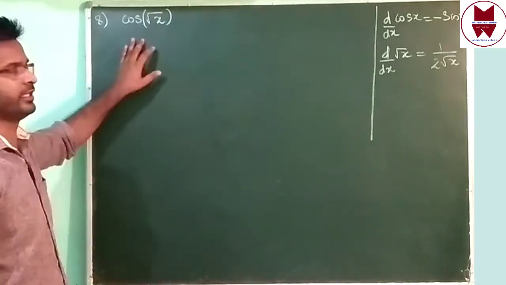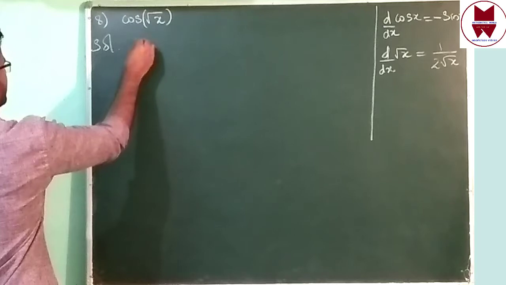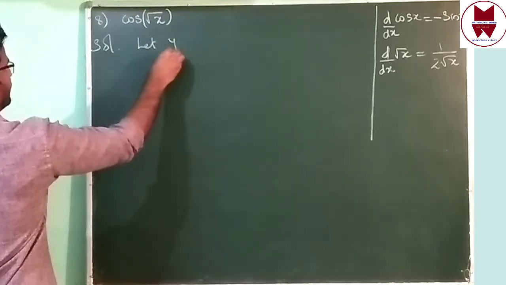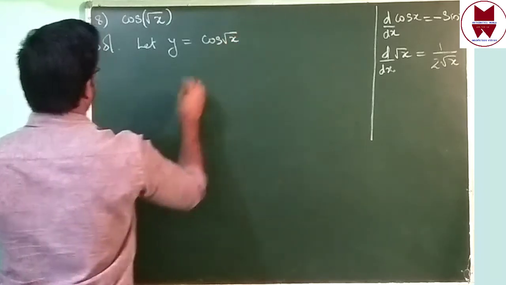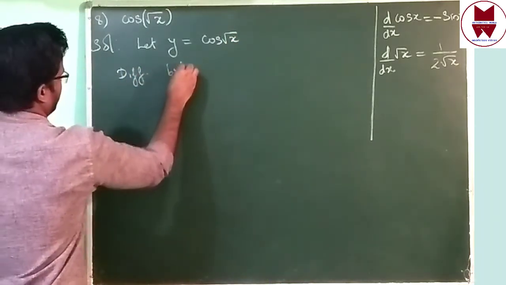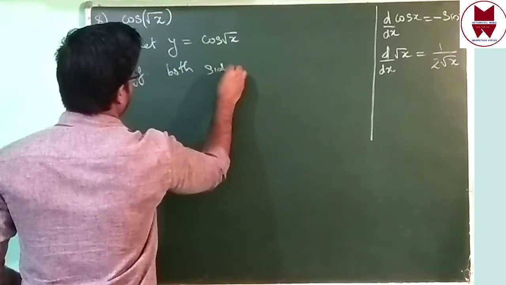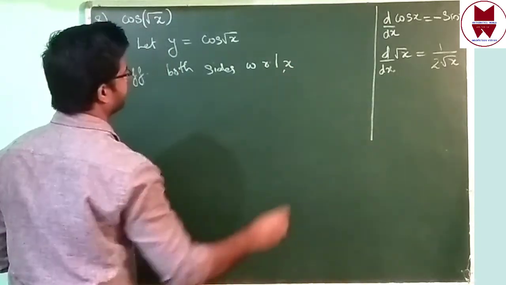Then first give one name. Let's start. Let y equal to cos root x. Then differentiate both sides with respect to x.